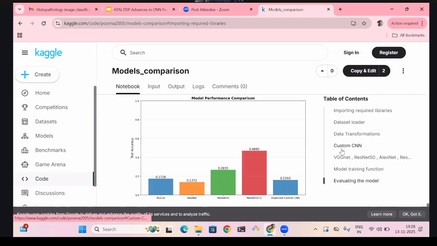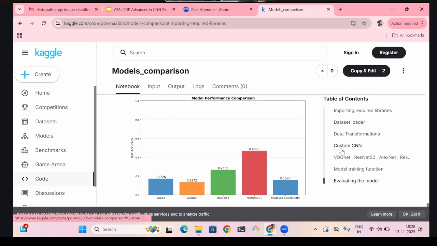ResNet 50 using transfer learning is performing better when compared to the rest of the models. VGGNet is achieving only 0.17 accuracy, AlexNet is 0.13.